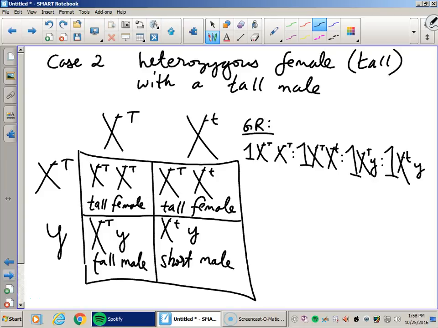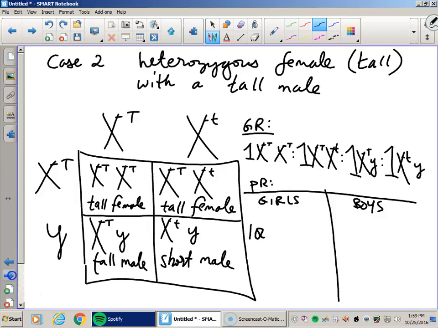Okay, so that would be your genotypic ratio. It's a long string. So to make life a bit easier for our phenotypic ratios, we're going to separate the girls from the boys. So if this cross happened, what happens to the daughters? What's the percentage chance for the daughters' outcome? Yeah, they're 100% tall.